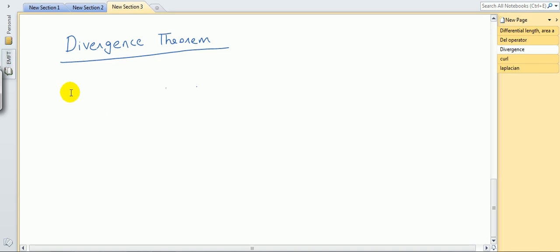Now let us move to our next topic, that is the divergence theorem. The divergence theorem states that for a closed surface, the surface integral of a vector is equal to the volume integral of the divergence of that vector over the volume enclosed by that closed surface.